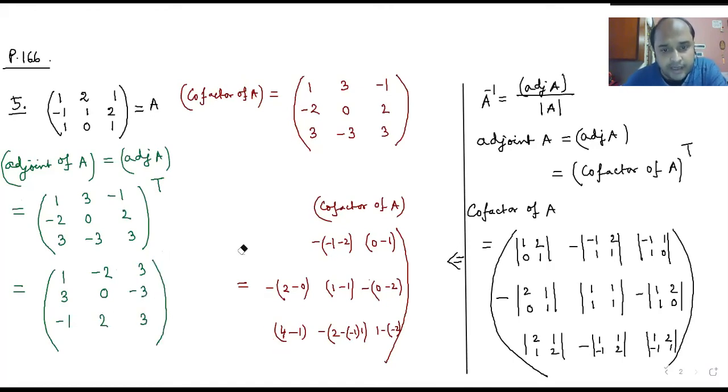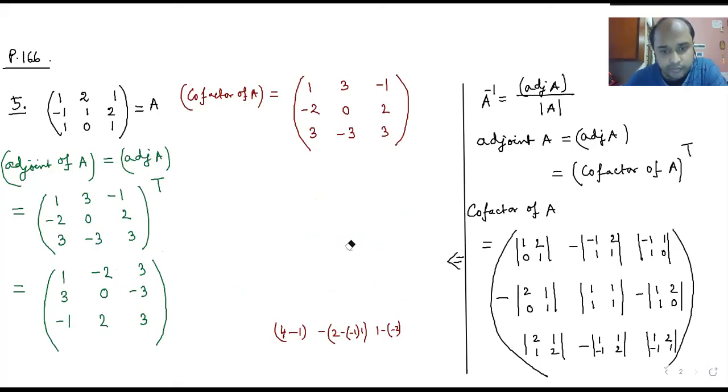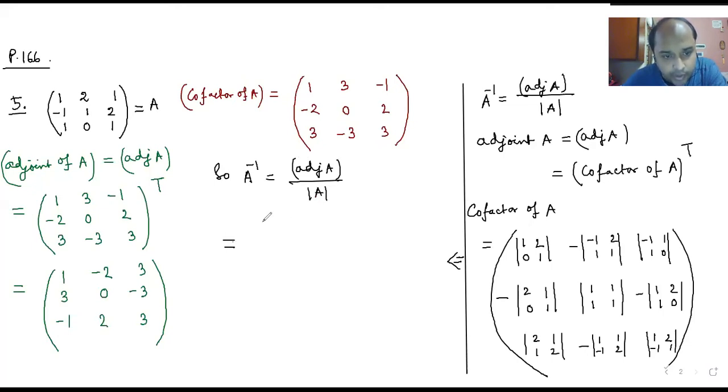So that is the matrix given by adjoint of A. After that, using the formula, A inverse becomes adjoint A by det A, and therefore we have to divide each element by the determinant. What was the value? -6, I think.